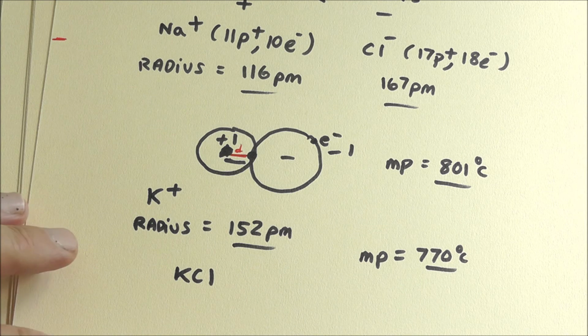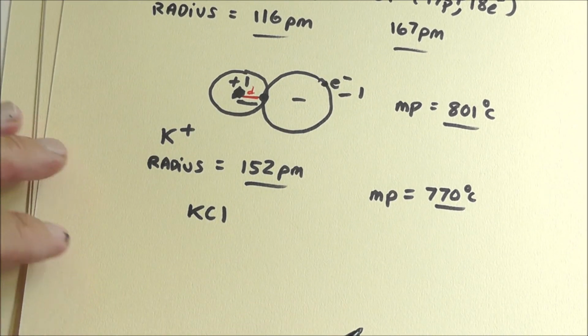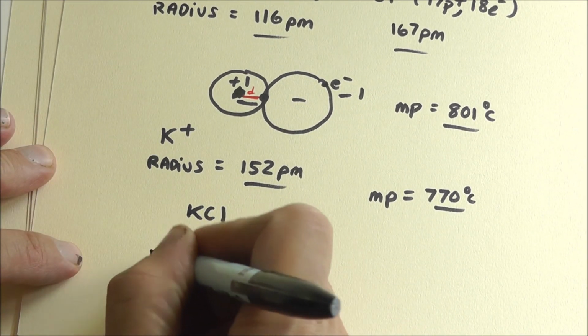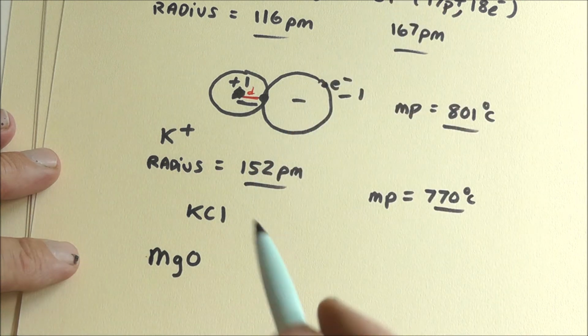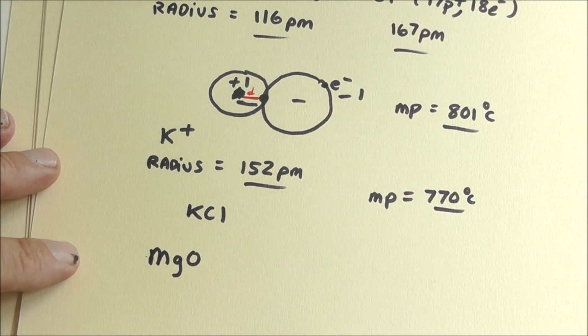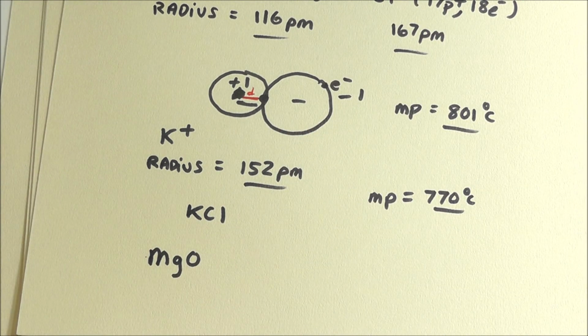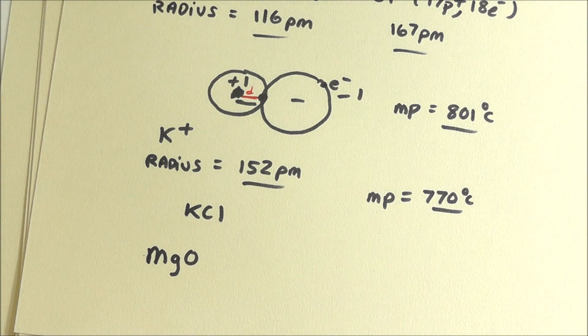So we change size. Now if you go back to Gen Chem 1, magnesium oxide. Magnesium is the neighbor of sodium, and oxygen's a little bit smaller than chloride, because it's one of the periods up further.